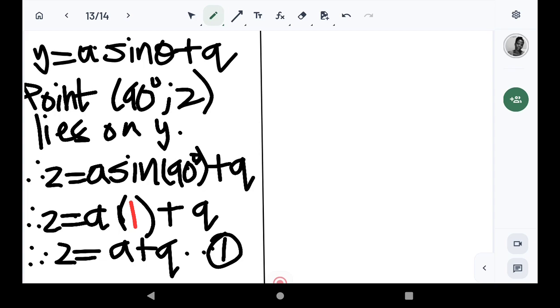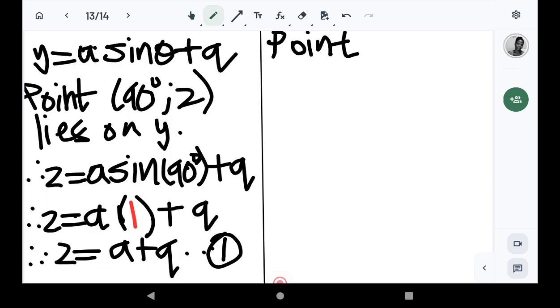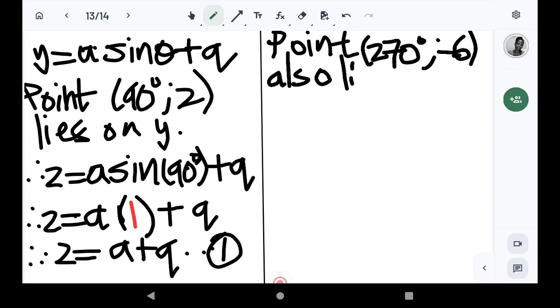Now for equation 2, the other point, that was (270, negative 6). Point (270 degrees, negative 6) also lies on the graph, also lies on y.